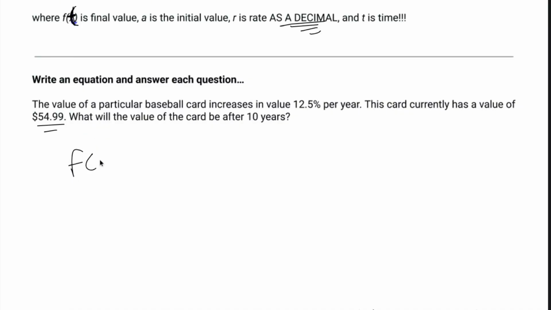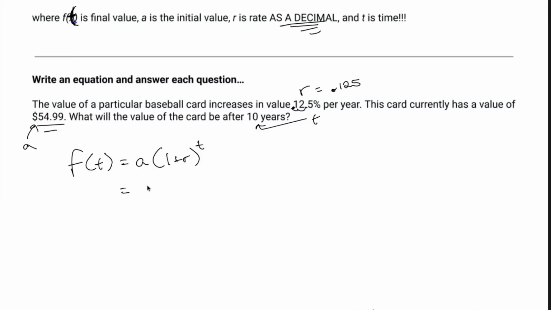So f of t, you are my r, but not really. If it's 12.5%, I have to move the decimal over twice and make it 0.125. So that's my r. You are my initial value a, and you are going to be my time t. So the equation is a times 1 plus r to the t power.